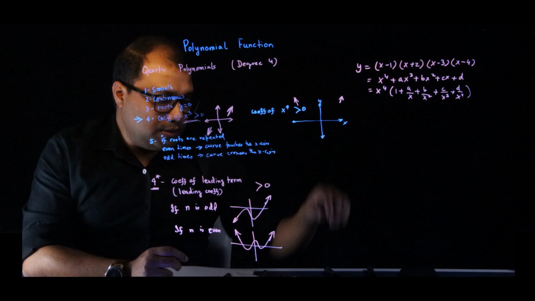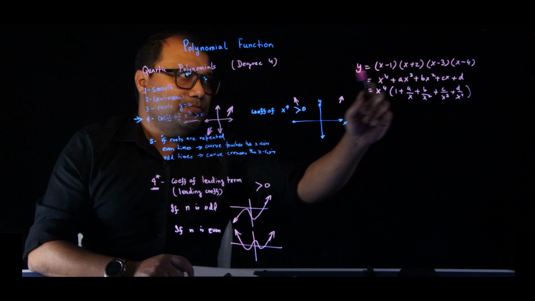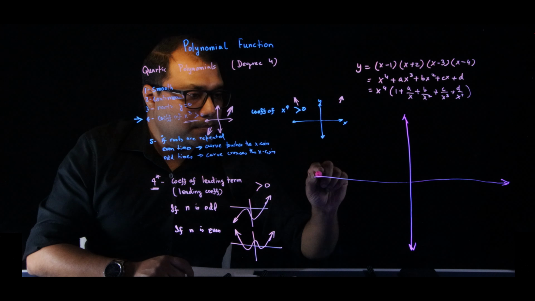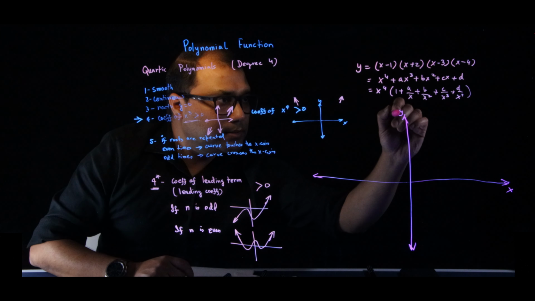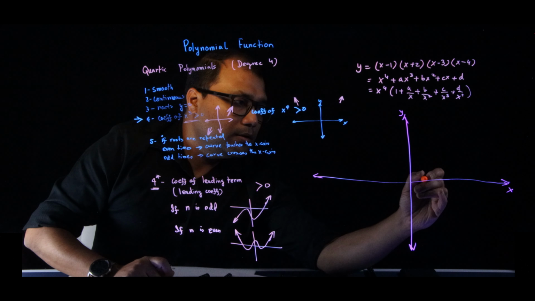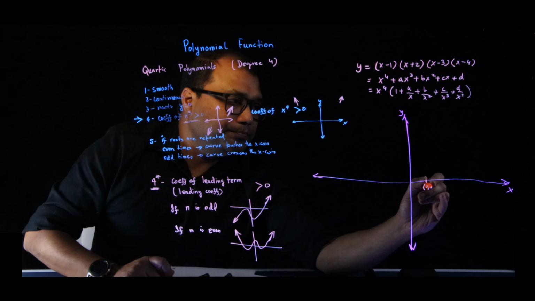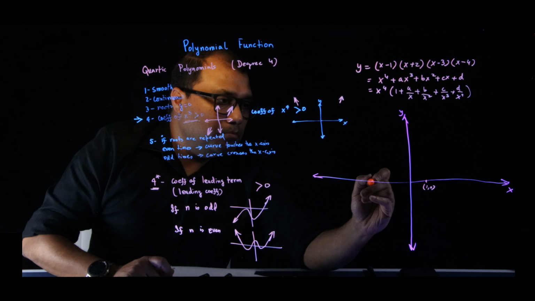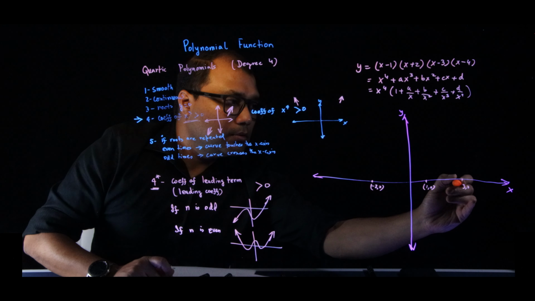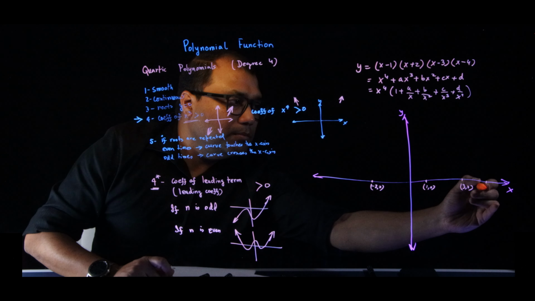Okay, let's complete this one, how the graph of this particular polynomial will look. X-axis, y-axis. What are the roots of this polynomial? 1, 0; minus 2, 0; 3, 0 and 4, 0.